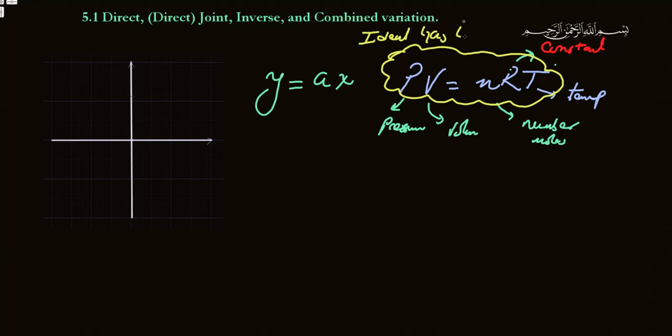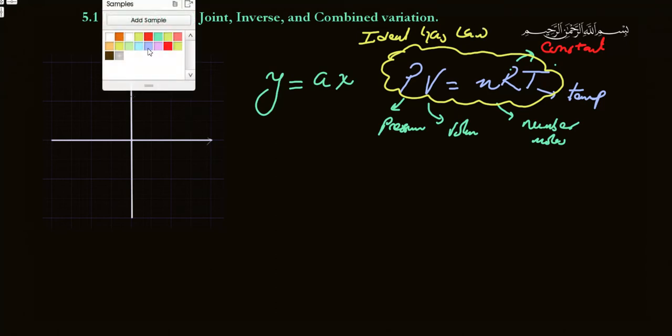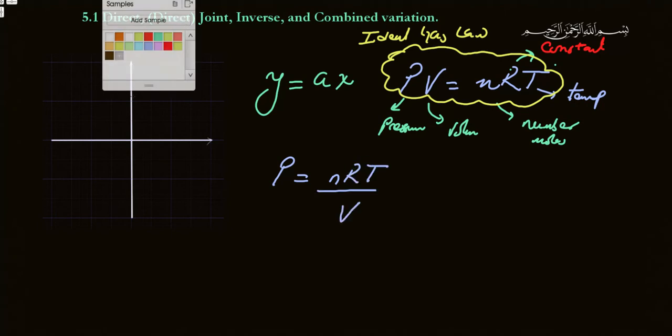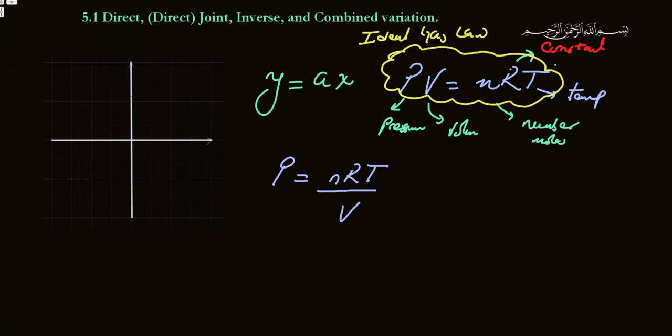Now in this case, if I solve this equation for P, dividing both sides by V, I get P is equal to nRT over V, like this. And just for emphasis' sake, R here is the constant of variation.